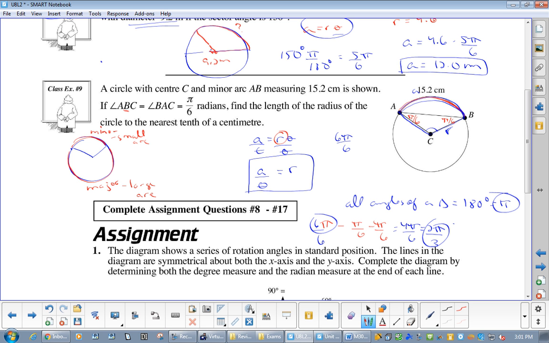So now A is 15.2 divided by 2 pi over 3. See if you can get it in your calculator. Find out the radius of our circle. What is it? 7.3 centimeters.